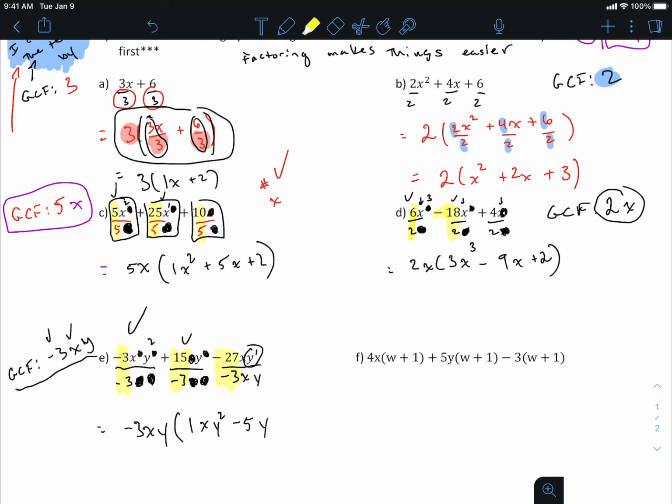Next, -27 divided by -3. The 2 negatives cancel right off the top, so 27 divided by 3 is +9. The x in the bottom cancels with the x in the top, and the y in the bottom cancels with the y in the top. Nothing left, you're just done.